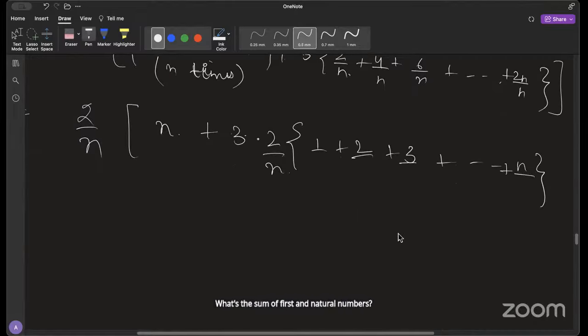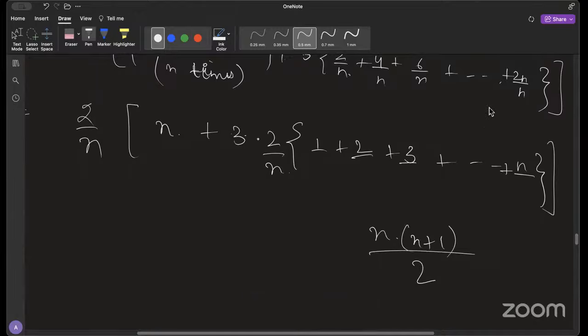What's the sum of first n natural numbers? I think it's n plus 1. Is it n plus 1 by 2? Yeah, it's this, right? n plus 1 by 2.